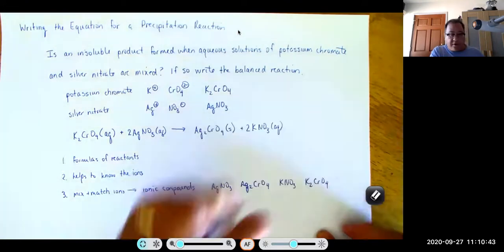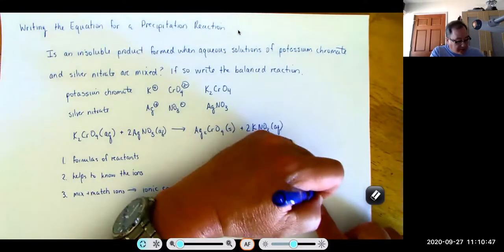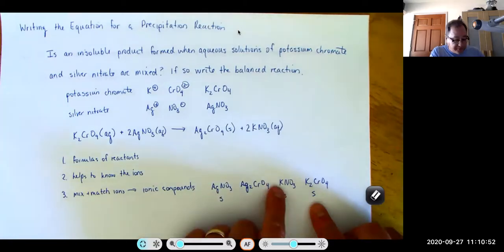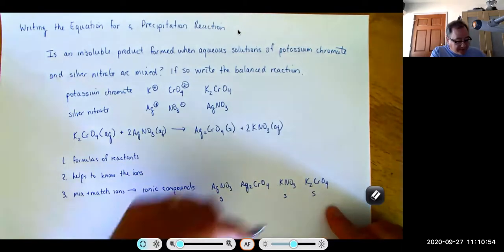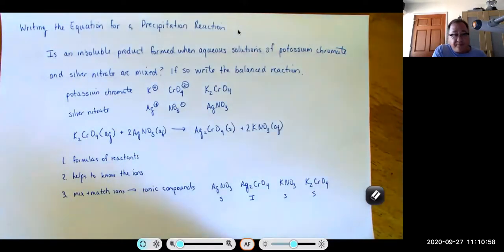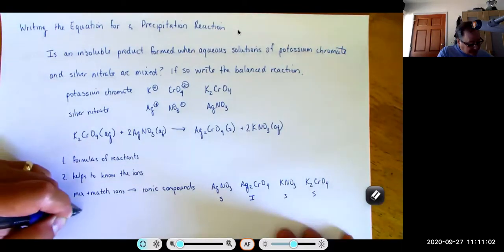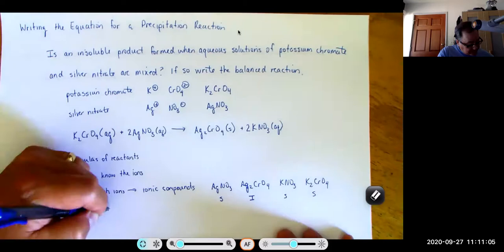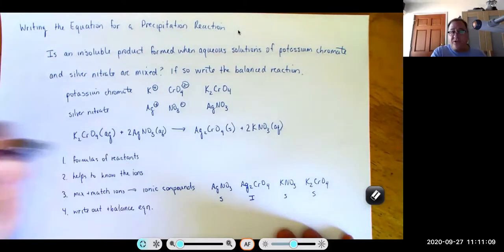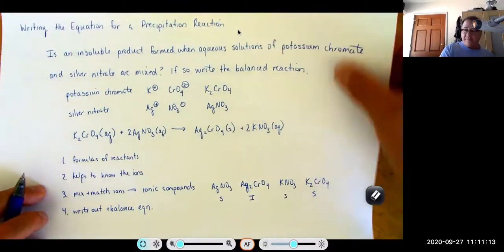So these are the 4. And we know that this one's soluble, and this one's soluble. This one's soluble because of the nitrate. This one's soluble because of the potassium. This one's soluble because of the potassium. That leaves this one as insoluble because there are no rules that govern it. And then 4, you simply write out the equation. Equation, reaction, same thing.